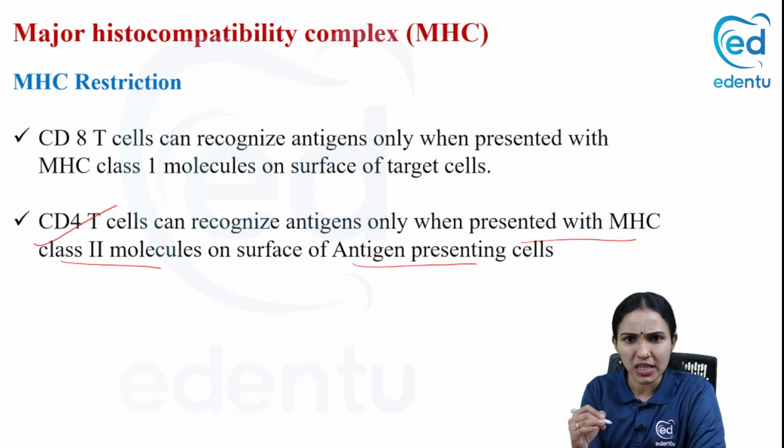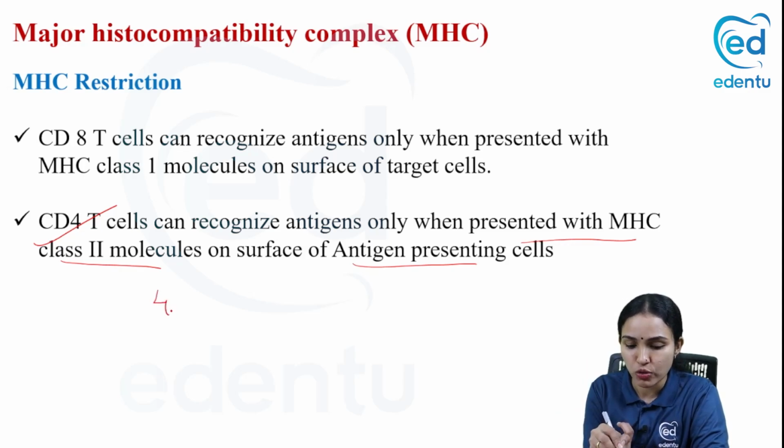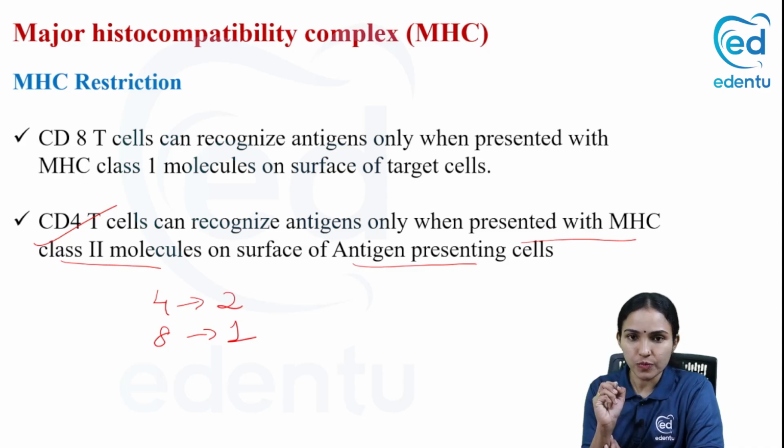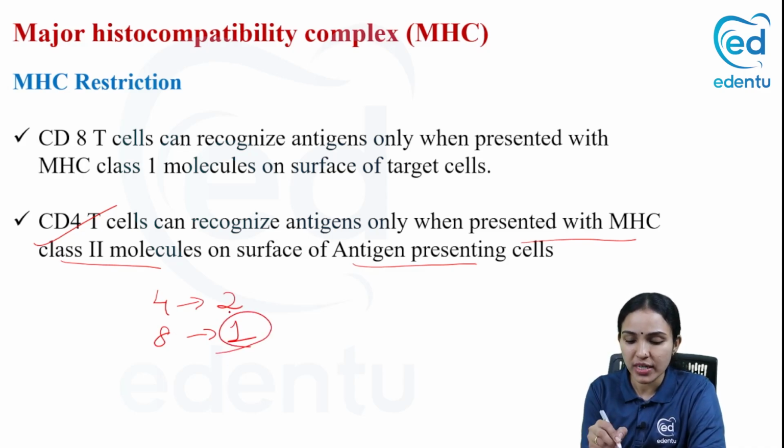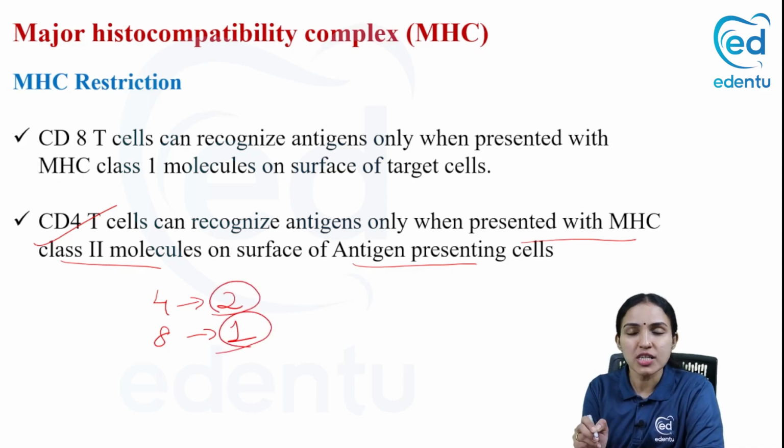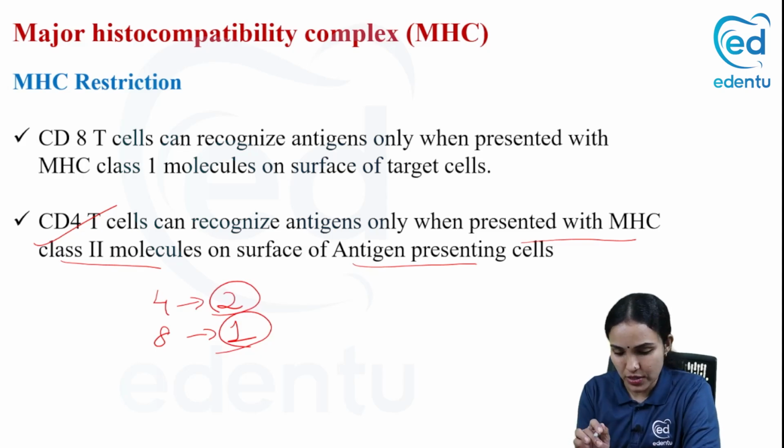So this property of the T lymphocytes by which they recognize the antigen only with the specific MHC molecule is what is called MHC restriction. So you remember 4, 2 and 8, 1: CD8 MHC 1 and CD4 MHC 2.